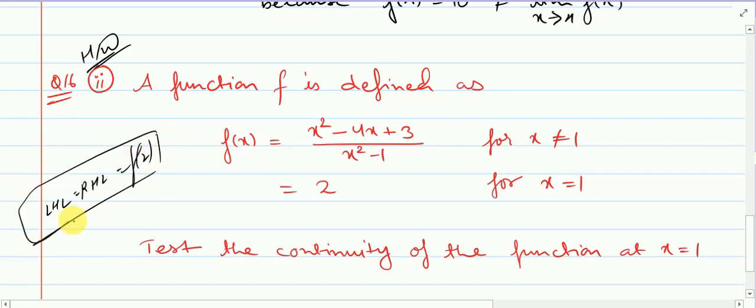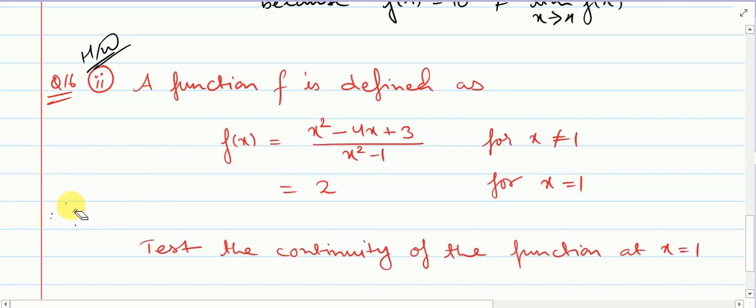And instead of showing left hand limit equal to right hand limit, straight you can find the limit also, and then show it equal to f of 2, because if left hand limit is equal to right hand limit, that means the limit exists. So this will be your homework. Okay children, so this is all for today.